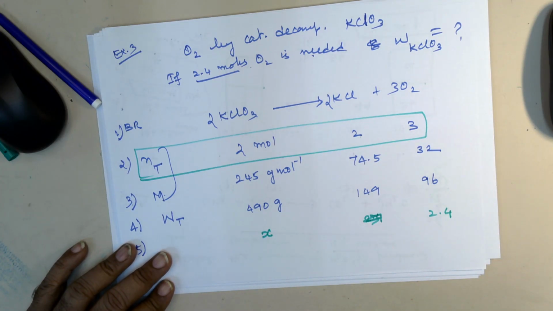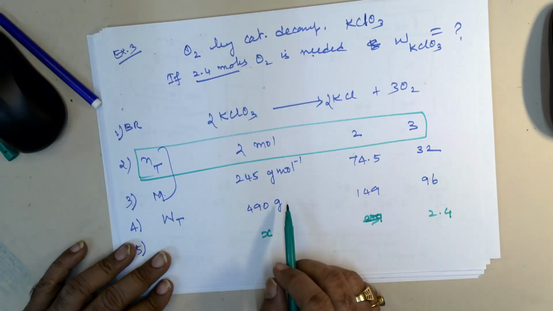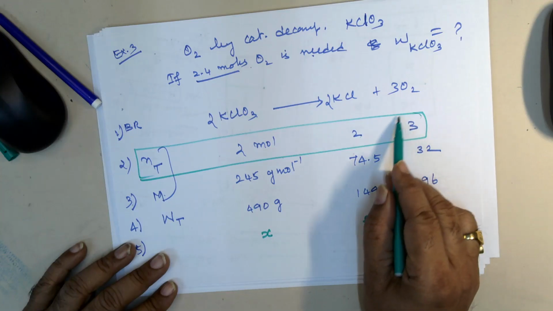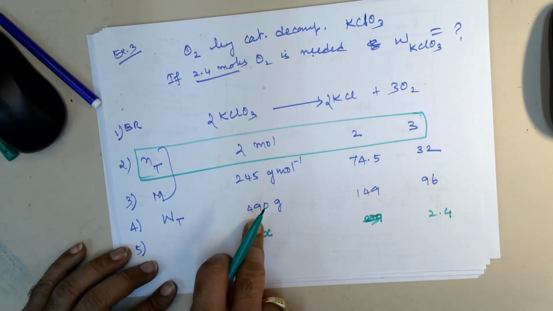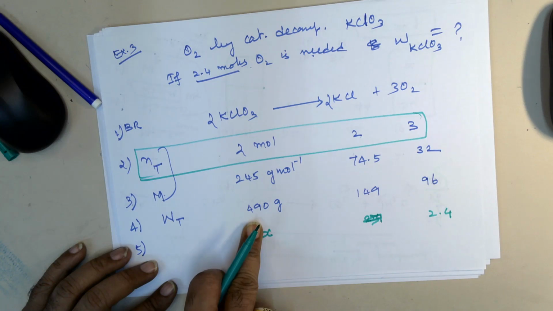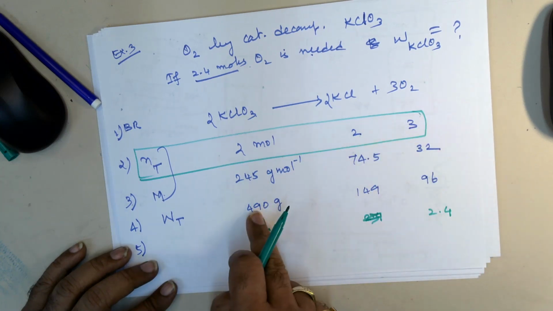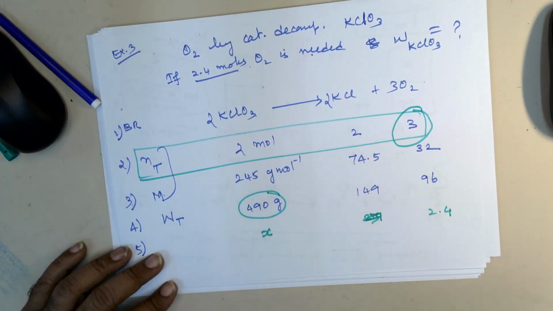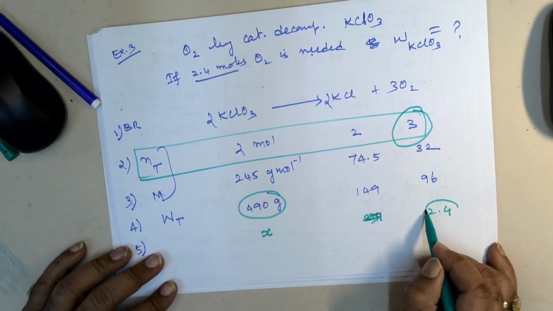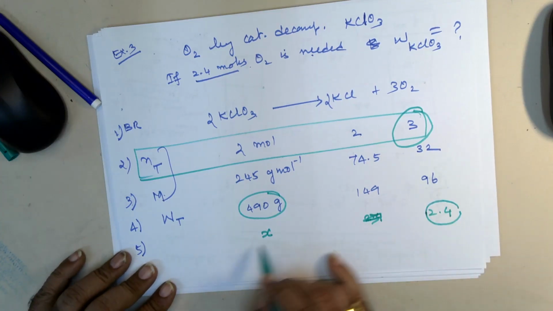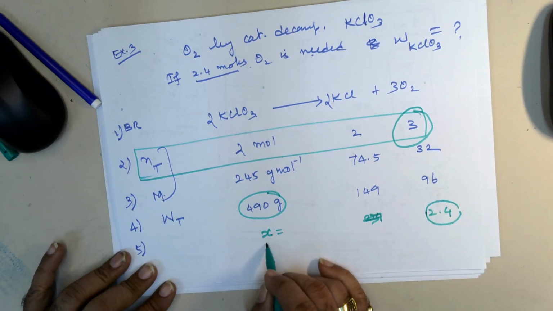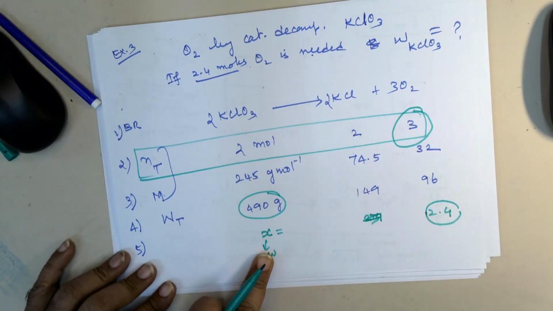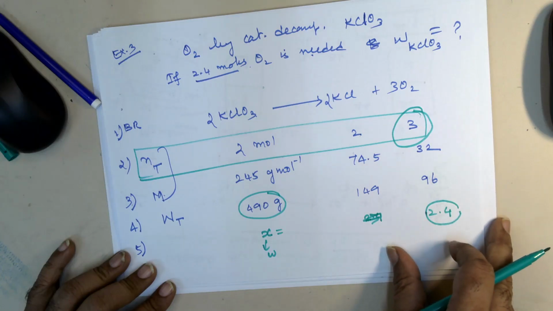Are you able to follow? So you know very well. Now you can do like this. You need a weight. You know for 3 moles, what is the theoretical weight required? 490, right? For 3. So you had to go like this. So for 3 moles, you need 490. Therefore, for 2.4, what is the weight? This is weight, so you must remember this is the weight. You have to proceed like this.